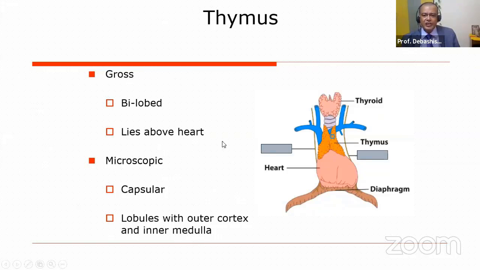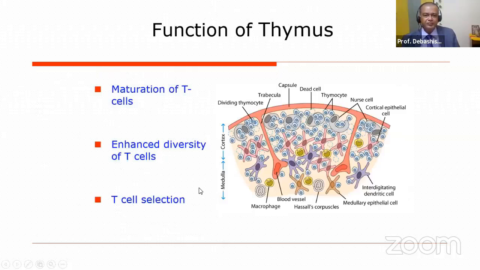Thymus is a bilobed structure lying above the heart, and it is a capsular structure. It's lobulated with outer cortex and inner medulla. As you can see in this picture, under the capsule we have trabeculae which divide the thymic tissue, and in the cortex we have the dividing thymocytes, the mature thymocytes, and some of the dead cells.